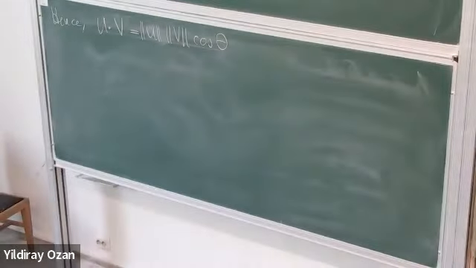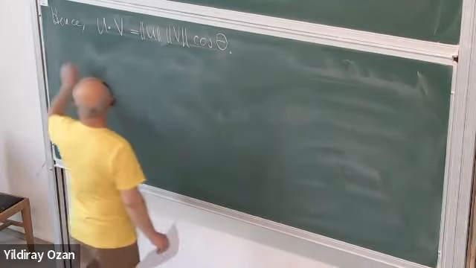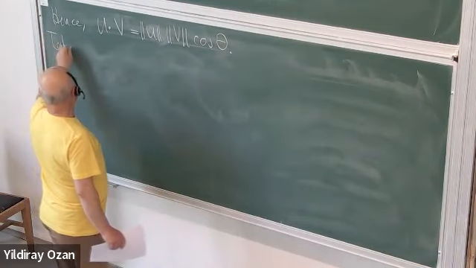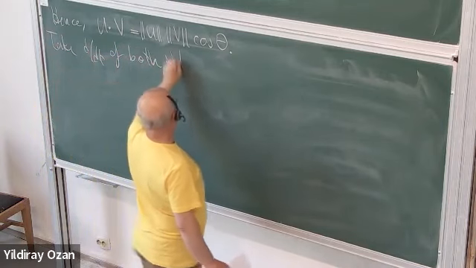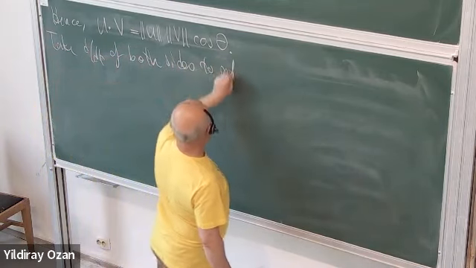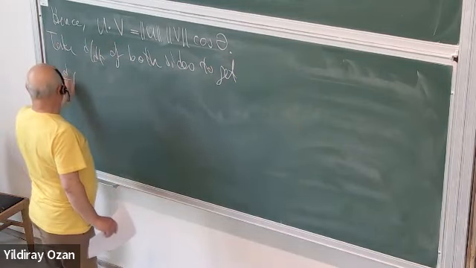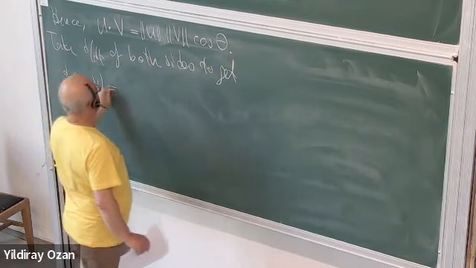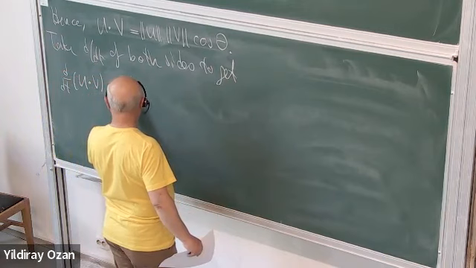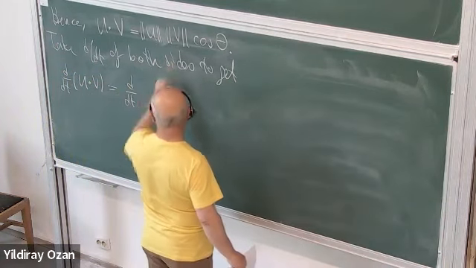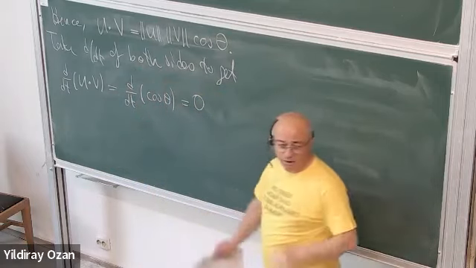All right, so take d/dt of both sides to get, well, U dot V. This is just one cosine theta, but this is 0 because the angle is constant.